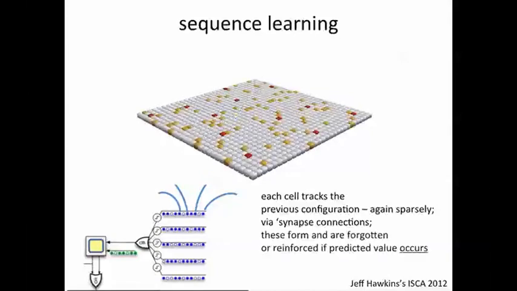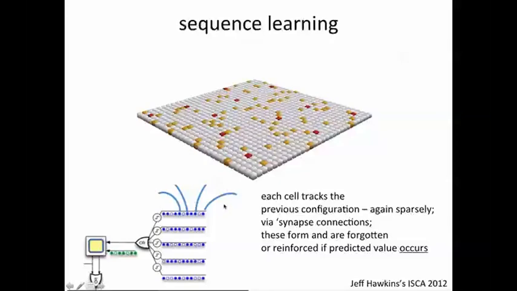Assume that the predicted values are the ones in yellow, that come from a variety of different predictions by all the different cells which are actually firing, and the ones which actually occur in the next time step are the red ones. Then those neurons which predicted the red values based on their previous inputs would get the synapses that corresponded to the actual red values strengthened.